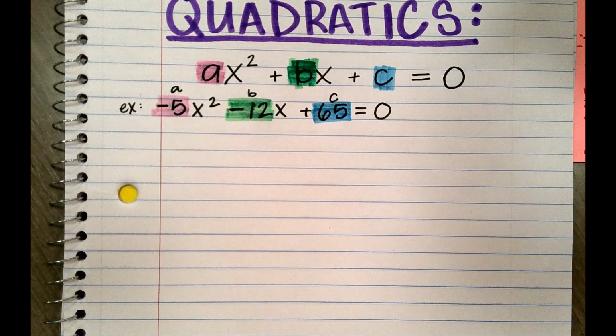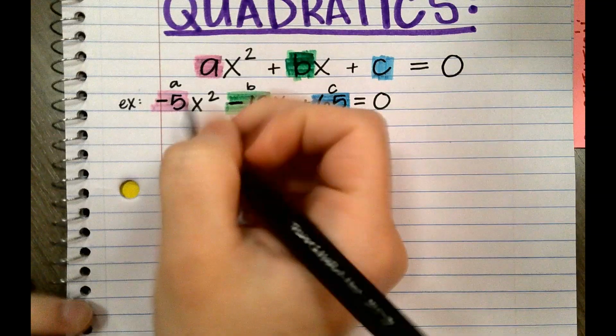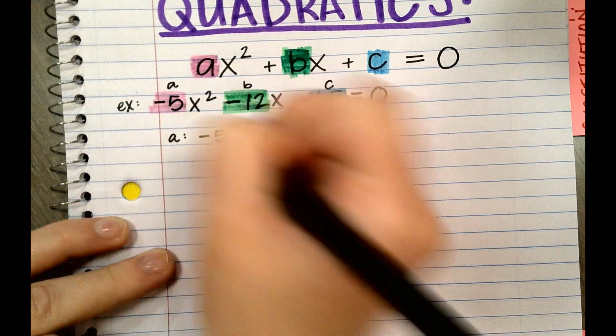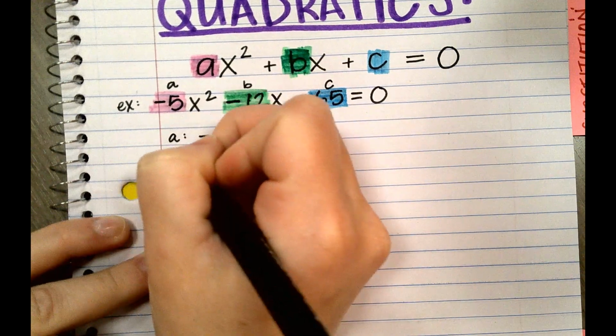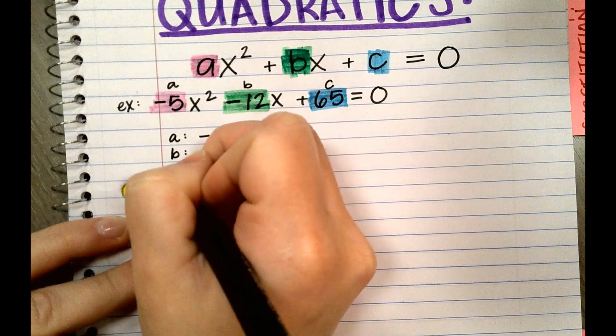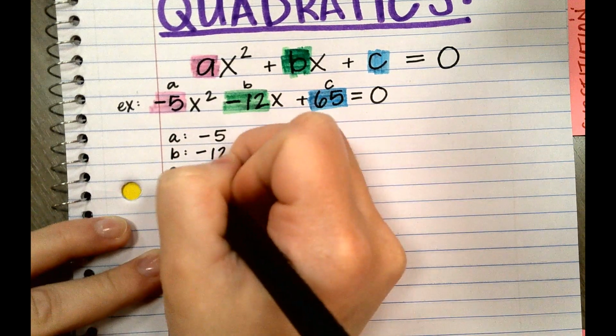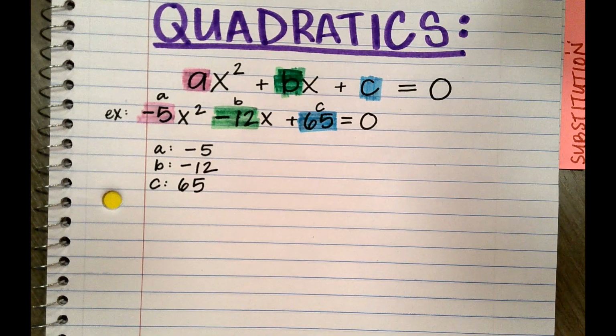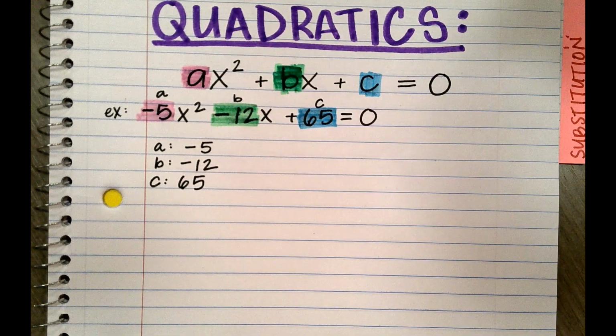So off to the side, you might write these numbers down. A, -5. B, -12. C, 65. So being able to identify these numbers is going to be very important later on.